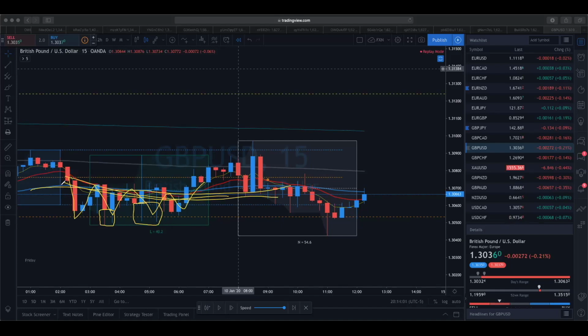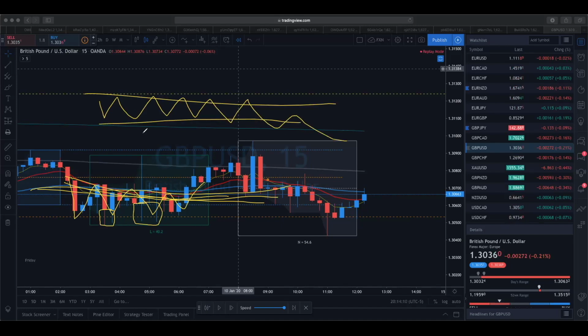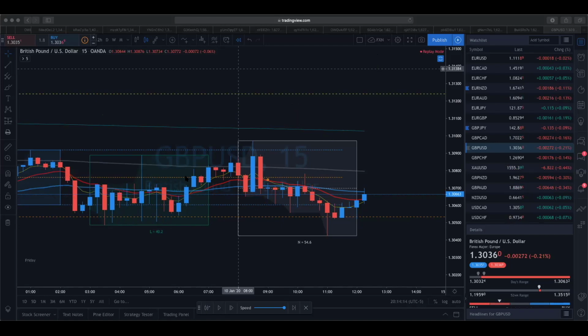You've got all these EMAs going straight through price. You're bound to get nothing but sideways movement for that day. So if the EMAs are going straight through price like this, you can expect that type of behavior.